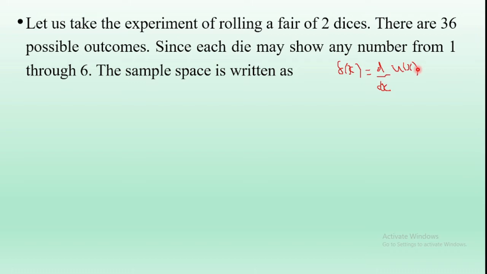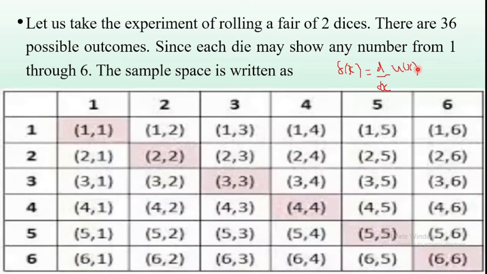Therefore, the sample space is written as S equals (1,1), (1,2), (1,3), (1,4) and so on, up to (6,4), (6,5), (6,6). These are the possible outcomes of rolling a pair of two dice, totally 36 possible outcomes.